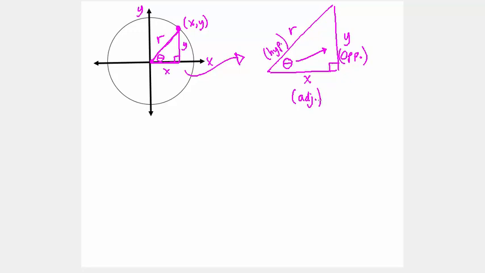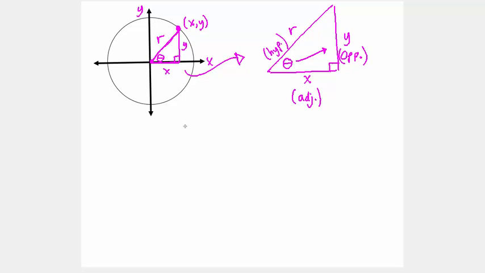So 3 labels for 3 sides of this triangle, and they all depend on where theta is. Opposite is across from theta. Hypotenuse is always the hypotenuse. There's only one hypotenuse of a right triangle. And then the adjacent side is the other one that's left. That's also always touching the angle theta.